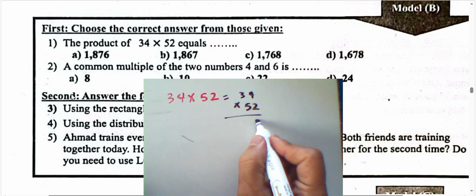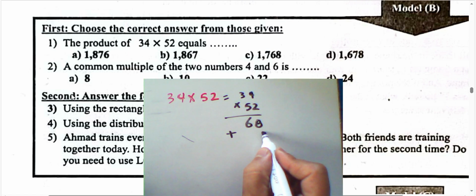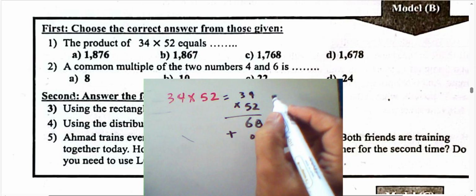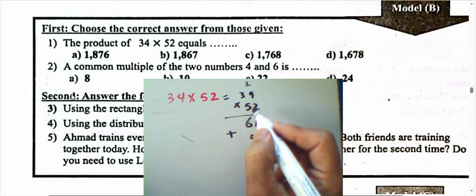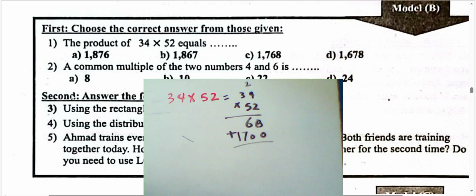And then 2 times 4 is 8, 2 times 3 is 6, plus 100, 0, 4 times 5 is 20, write 0 and carry up 2. 3 times 5 is 15, plus 2 equals 17. And then you can add together. 8 plus 0 is 8, 6 plus 0 is 6, 7, and 1. Then the answer will be 1768, okay? Show the correct answer.